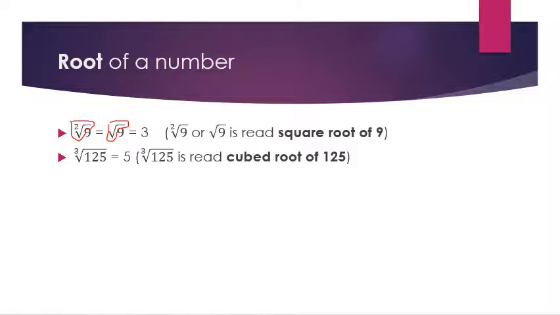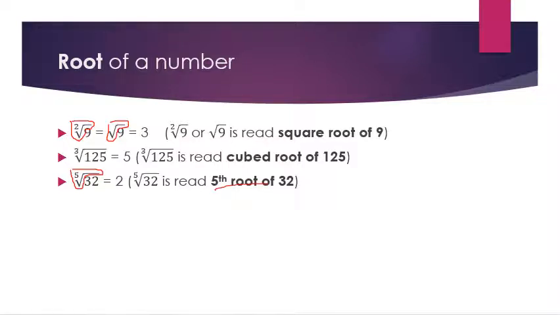So the cube root of 125 is 5, because 5 multiplied by 5 multiplied by 5 is 125. Now, if there is the fifth root of something, we have a 5 and then there's a root. We read this as the fifth root of 32.